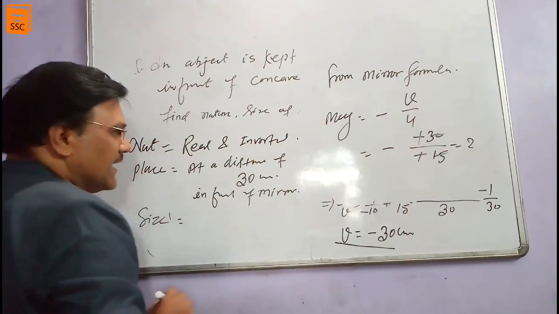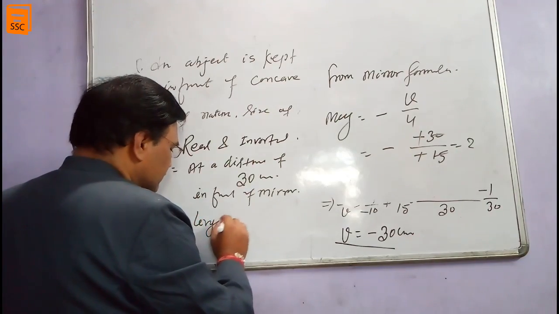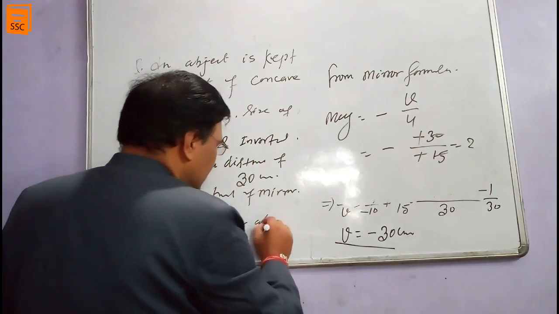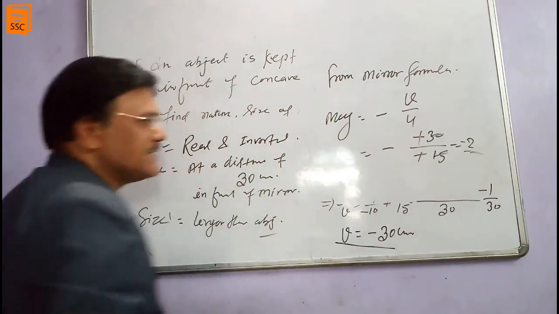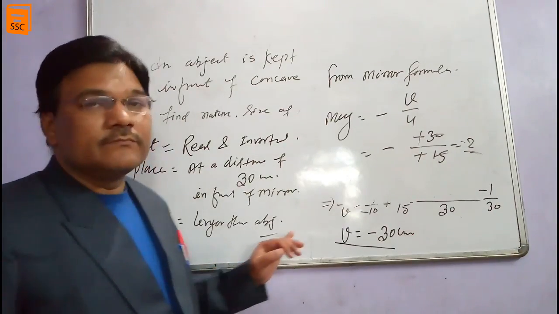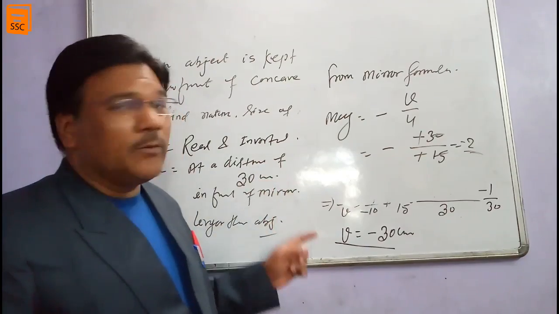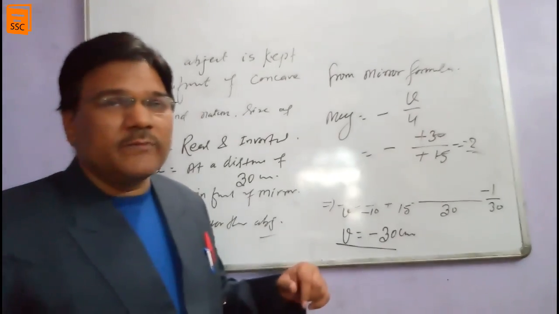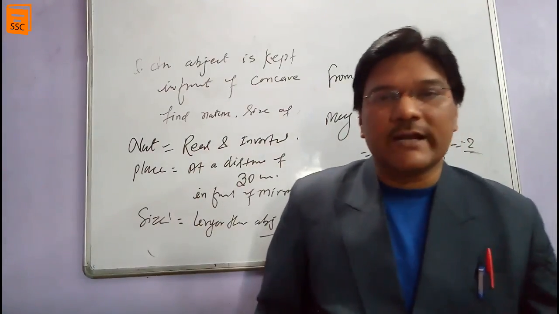The size of the image is larger than the object. Since the magnification is twice, the negative sign only indicates the nature, so it is twice as large as the object. It means if the height of the object is 1 centimeter, the height of the image is 2 centimeter.